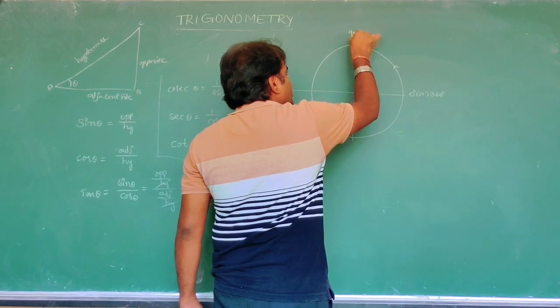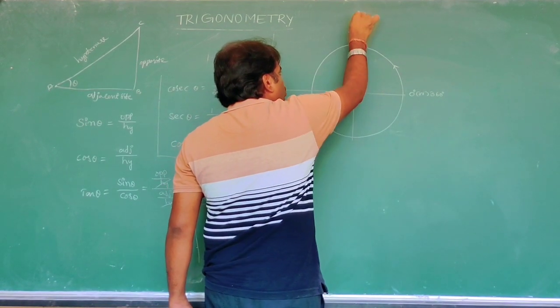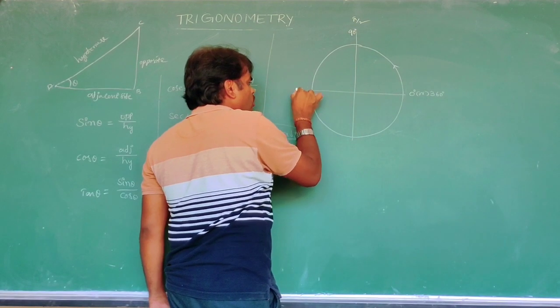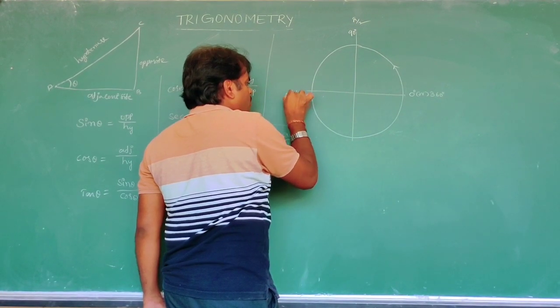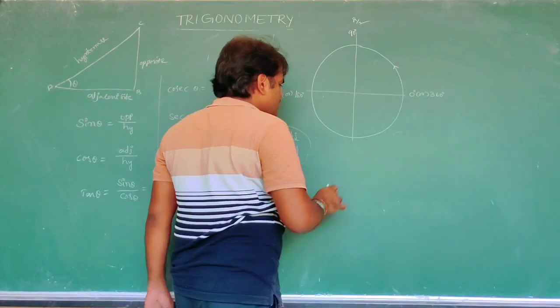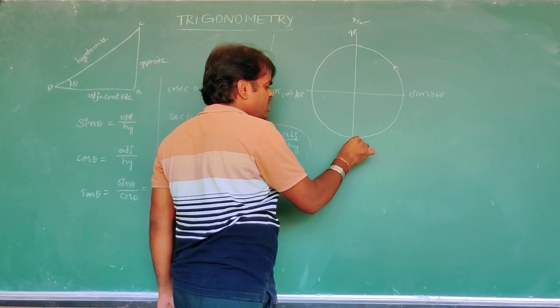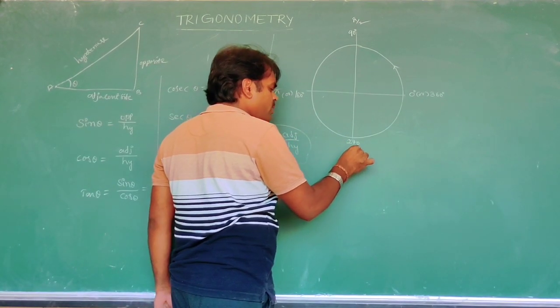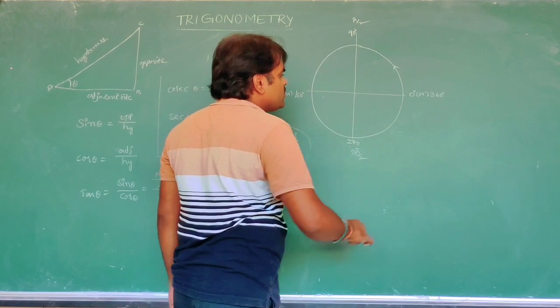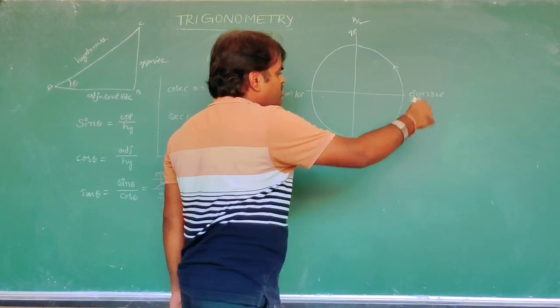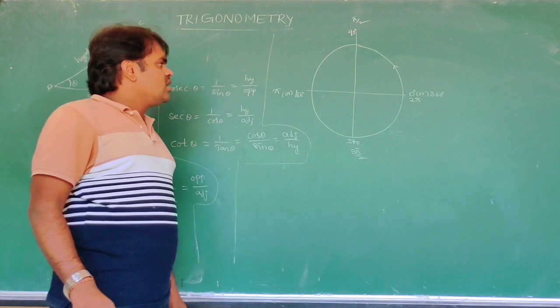That means it is 90 degree or pi by 2. It is 180 degree or pi radians. Here 270 degree or 3 pi by 2 radian. Now again it comes to 2 pi radian or 360.